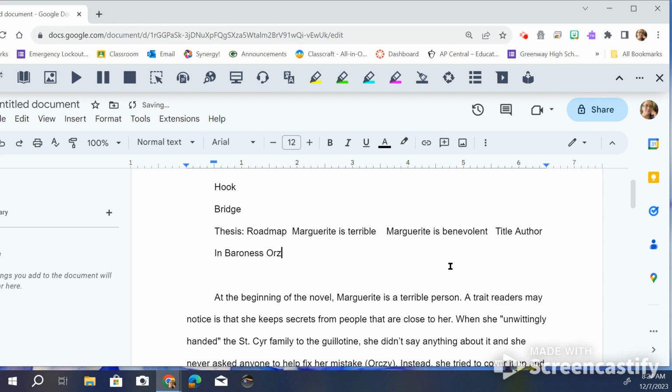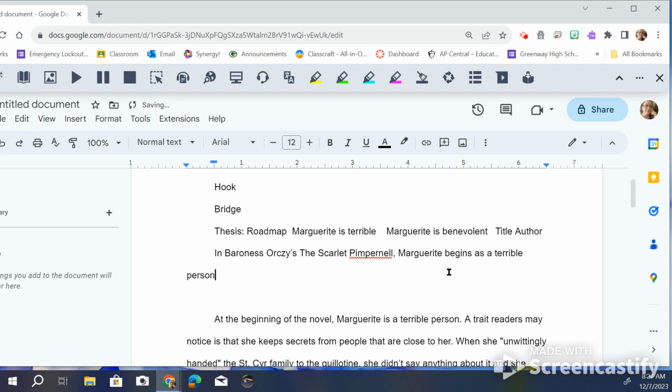In Baroness Orczy's The Scarlet Pimpernel, Marguerite begins as a terrible person, but she develops into a benevolent one.